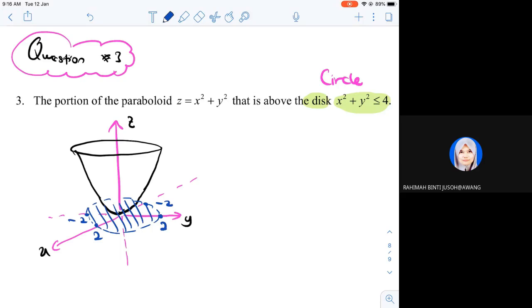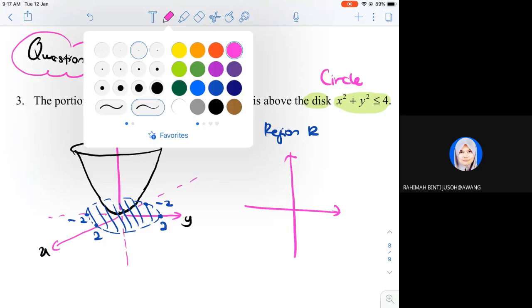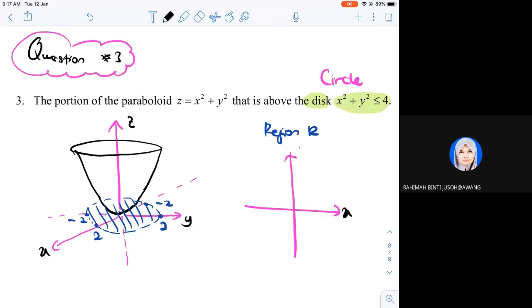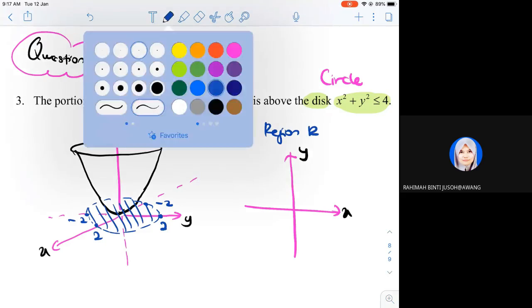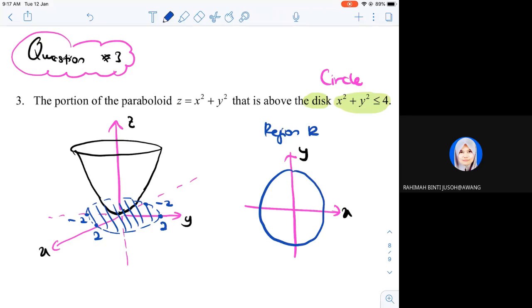So itu bentuk asal solid ni lah, paraboloid above the disk. So if we straight away sketch region R, we can see, we can have this X and Y. So we can have this region.